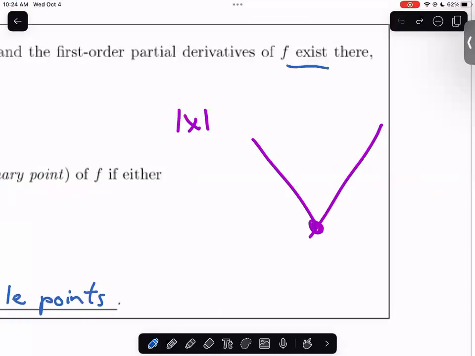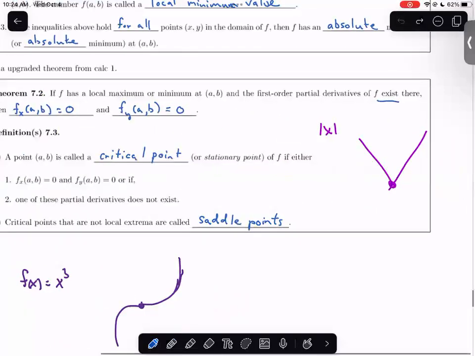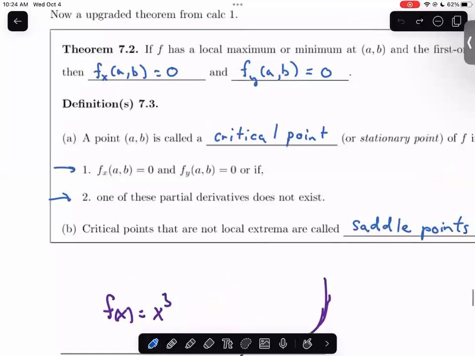The derivative doesn't exist here. The left-hand limit is not equal to the right-hand limit. Again, technically derivatives are limits, so it doesn't exist there, and yet we see there's a min. So our rules won't really work when one of these doesn't exist, and we won't care about that so much in our class. I think there is a project out there that deals with this a little bit more.